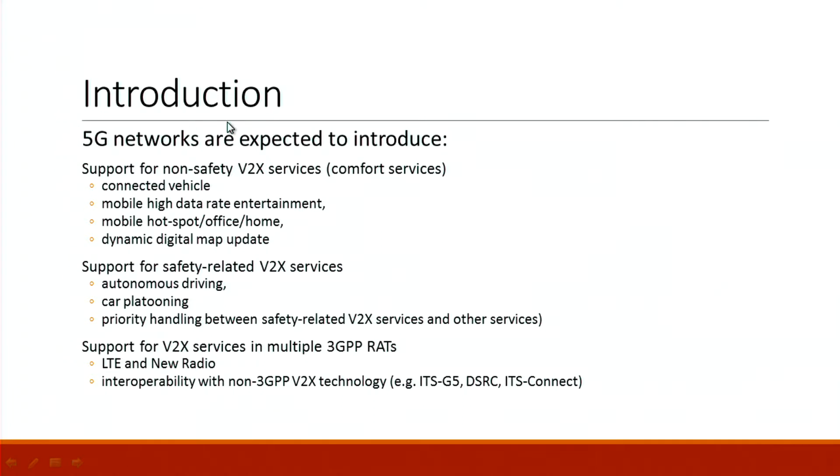Okay, in 5G networks, we expect to see support for non-safety V2X services, so connected vehicles, entertainment, mobile hotspot in the car, dynamic digital map update, something that I was talking about earlier.